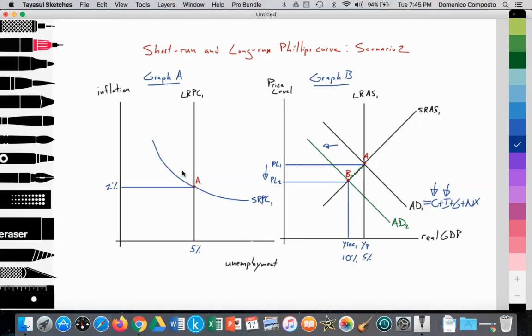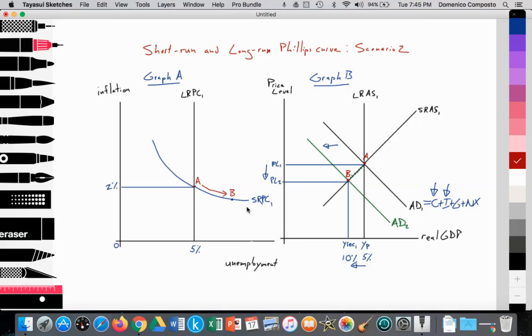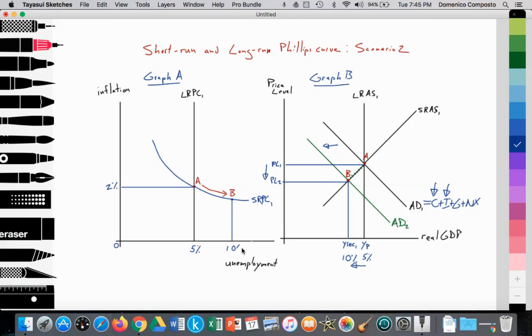Okay? How would that translate on the short-run Phillips curve? Well, unemployment is increasing. We see that going from 5 to 10%. Here we're measuring unemployment going from 0 onwards, so 10% would have to be somewhere at this point. Okay, so we see that we're moving along the short-run Phillips curve from point A to point B, illustrating that we have rising unemployment from 5 to 10%.